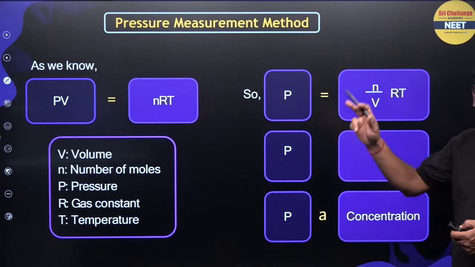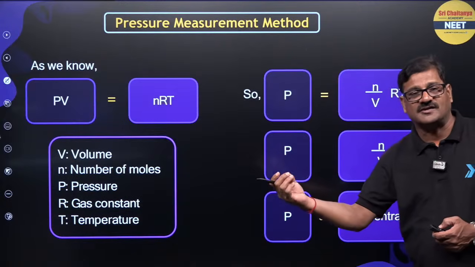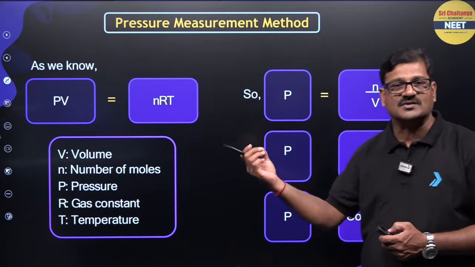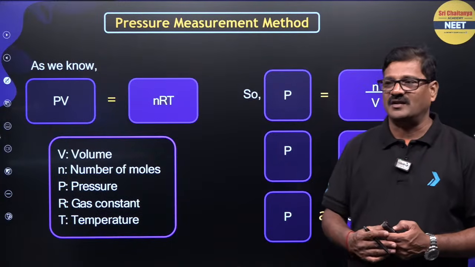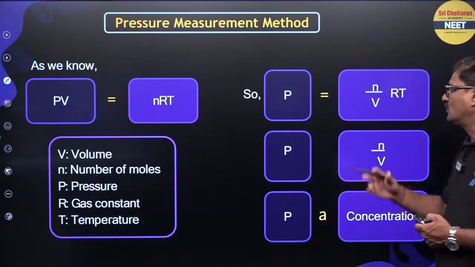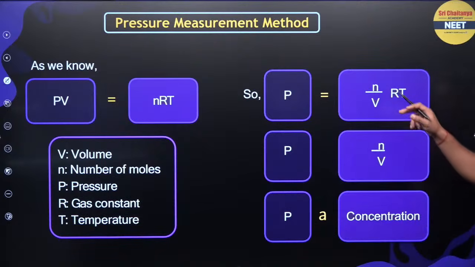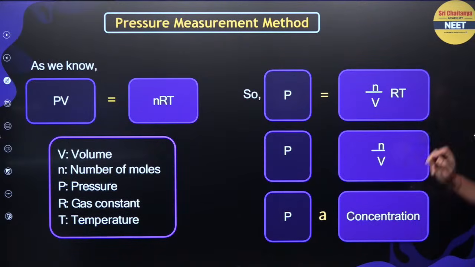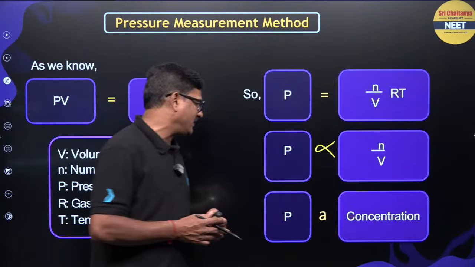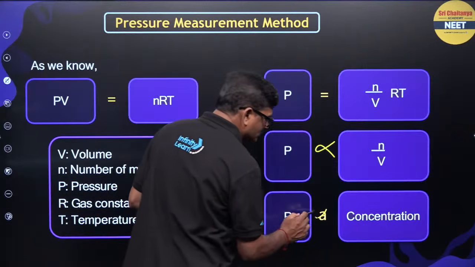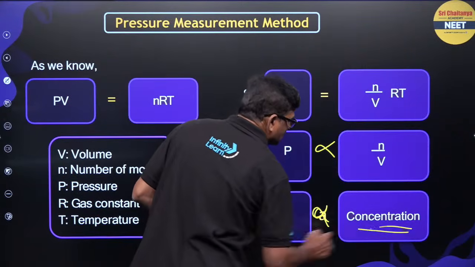So as we know, we follow, when gaseous reactants and products are there, PV is equal to nRT. Assume this is ideal behavior. So P is equal to n by V RT, number of moles per liter is the concentration. So the pressure is directly proportional to n by V, which means it is a concentration.